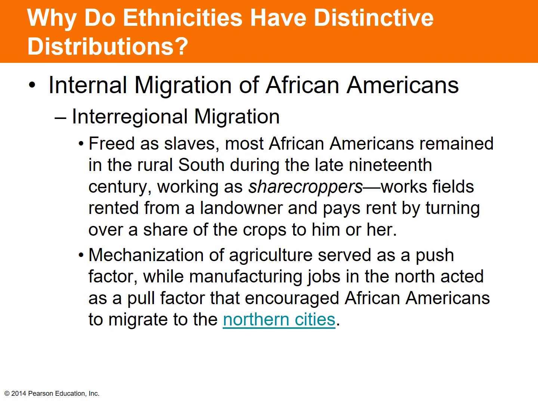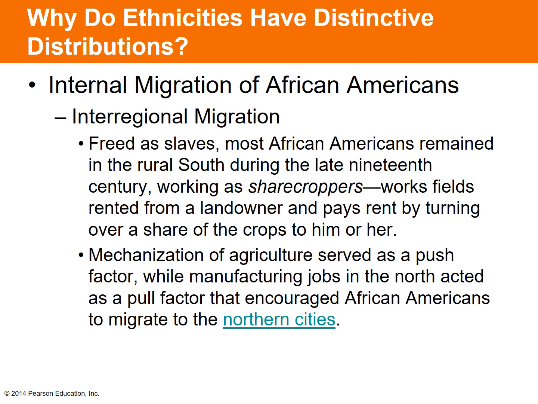Mechanization of agriculture, which is the increased use of machinery for agricultural work, served as a push factor, because if your job is getting replaced by a machine, you got to go find another job. While manufacturing jobs in the North acted as a pull factor that encouraged African Americans to migrate to the northern cities.